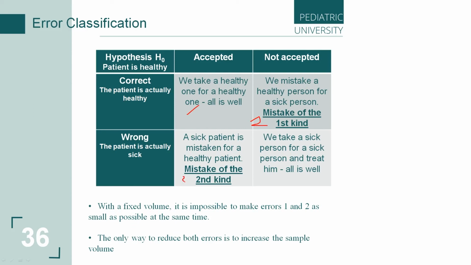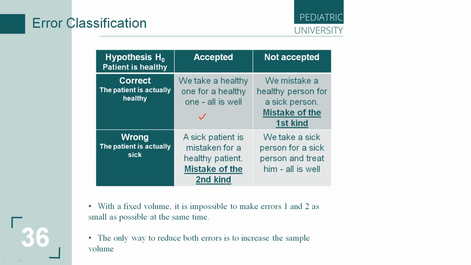First, second, third, and fourth. Let's see. We can accept the correct hypothesis. We assume the healthy patient is healthy, really, and all is well. Healthy is healthy and it's good. This part is not an error, yeah?